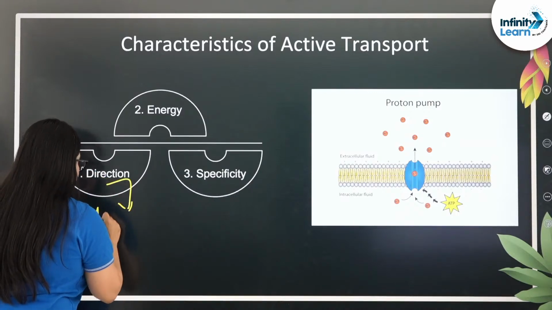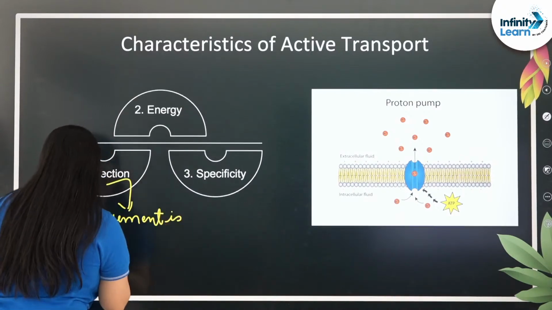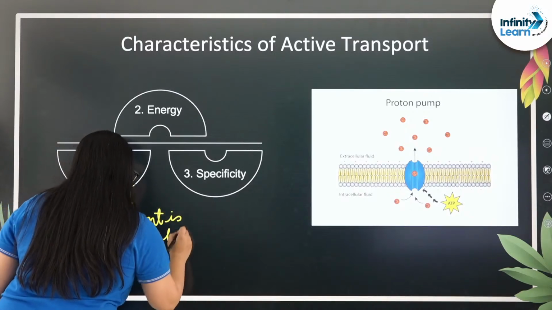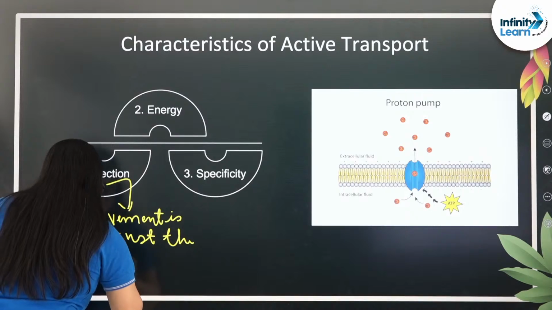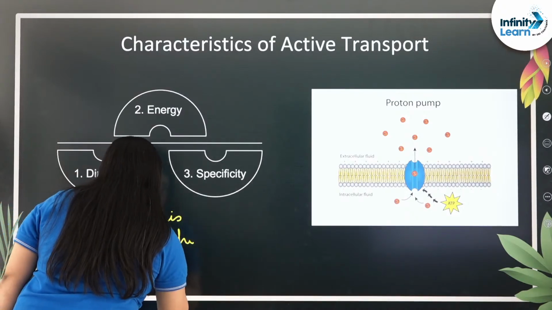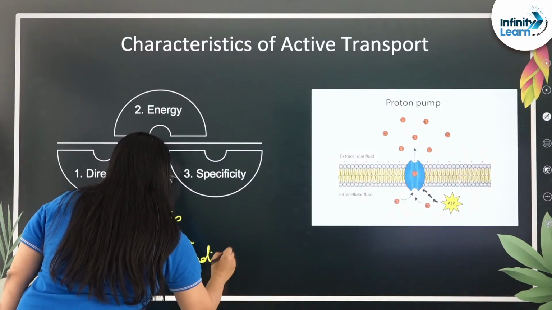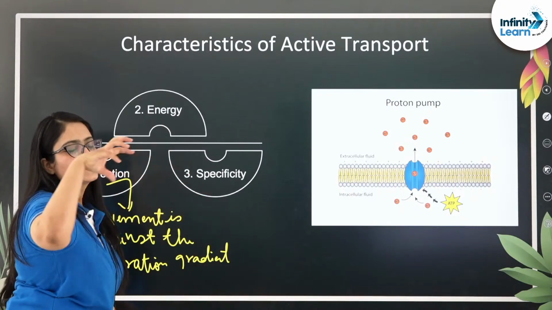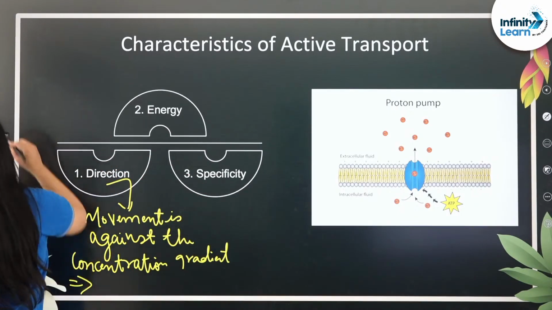So movement of substances is against the concentration gradient, and such a movement, which is against the concentration gradient, that is from lower region of concentration to higher region of concentration, is termed as uphill.